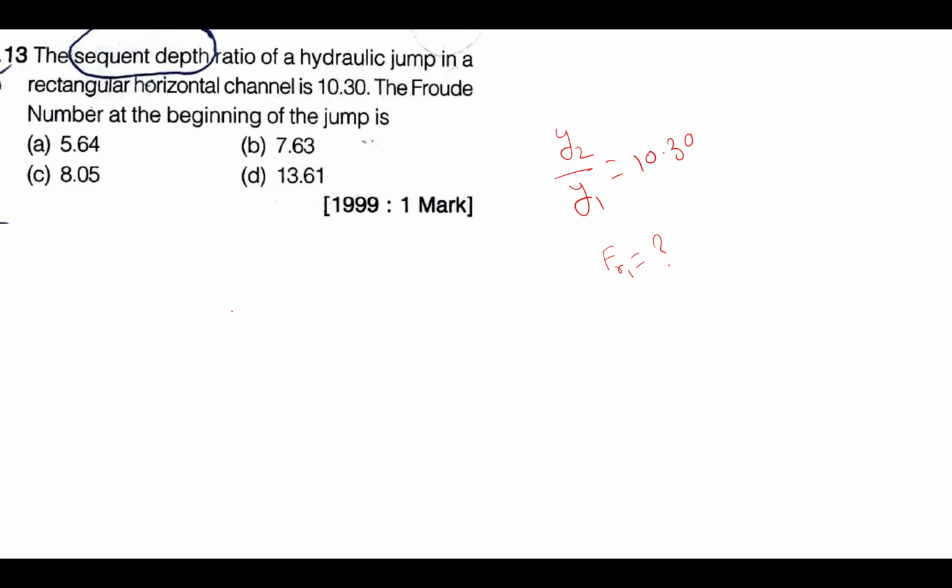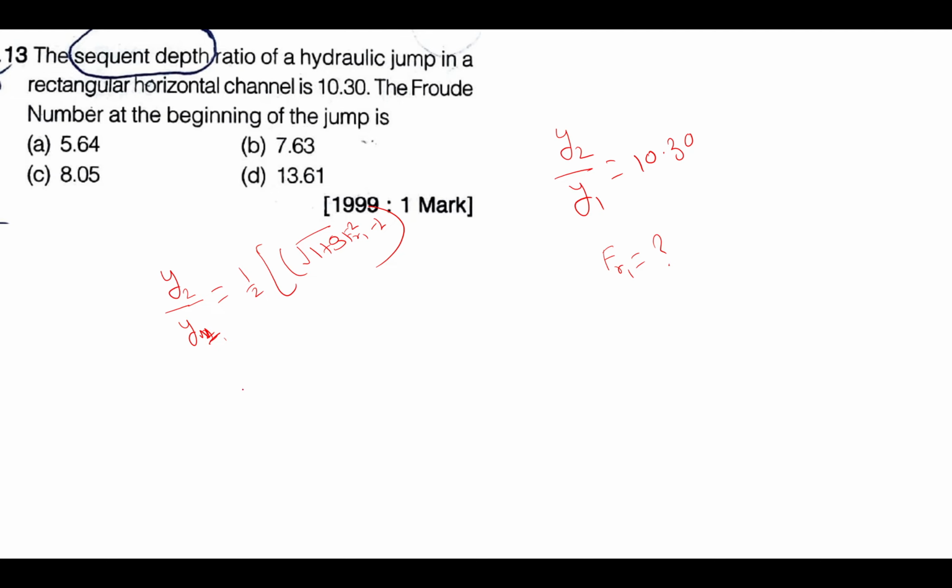You already know the formula of the hydraulic jump, the relation between the sequent depths and the Froude number. It is a very popular formula. This is y1. So you can write: root under 1 plus 8 Fr1 square, minus 1.